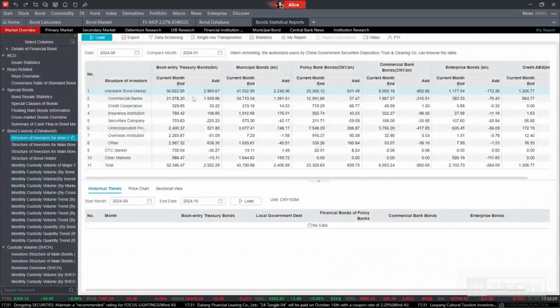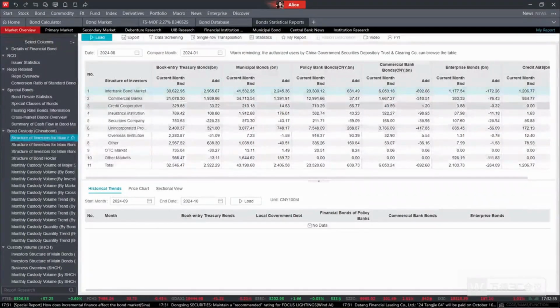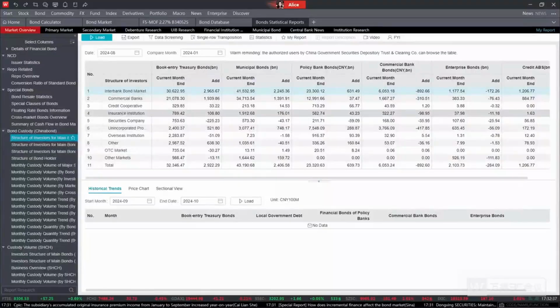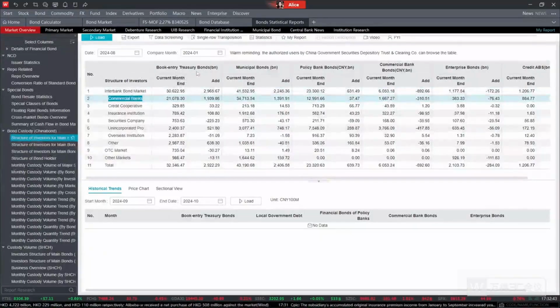Then we can see the different bonds on the top and the movement of the different institutional investors. Taking the commercial bank for example, you can see it has added several treasury bonds in the past 8 months through this statistical data. So it is easy to understand that the commercial bank much preferred to buy treasury bonds.